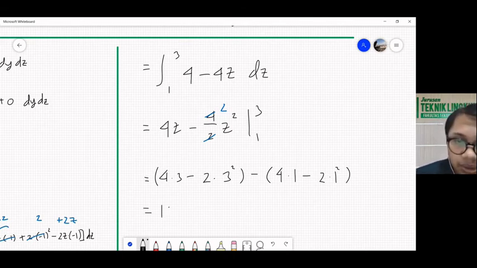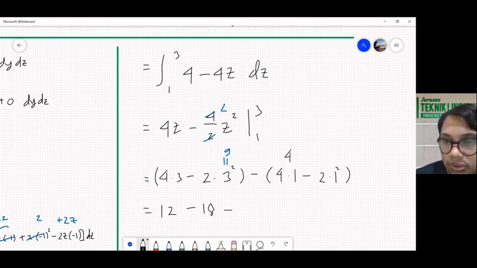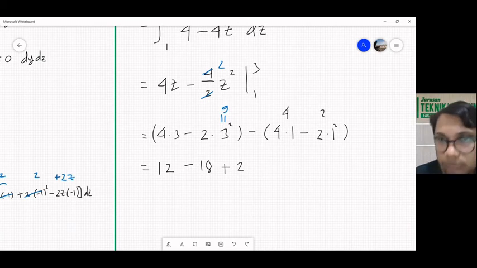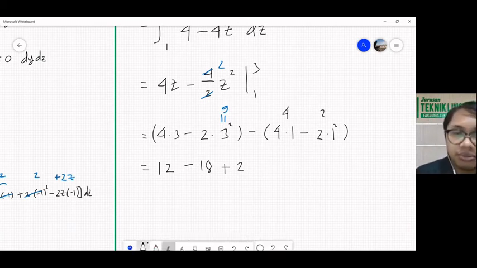Okay, this is 12. And this one is 9 times 2, it becomes 18. Then 4 and 2. Remainder plus 2. I'm sorry, not plus 2 but minus 2.